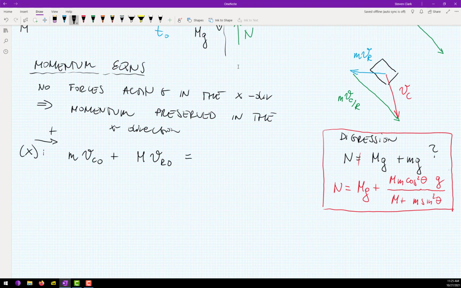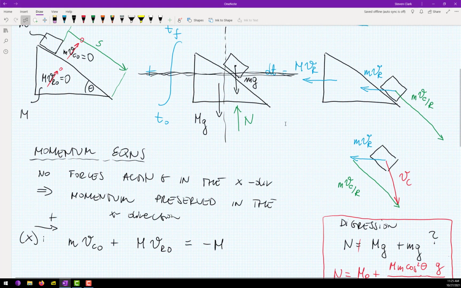And this is equal to negative M V_R, and we must do a projection here. So let's do it quickly. I need this component, this black component of the green vector.